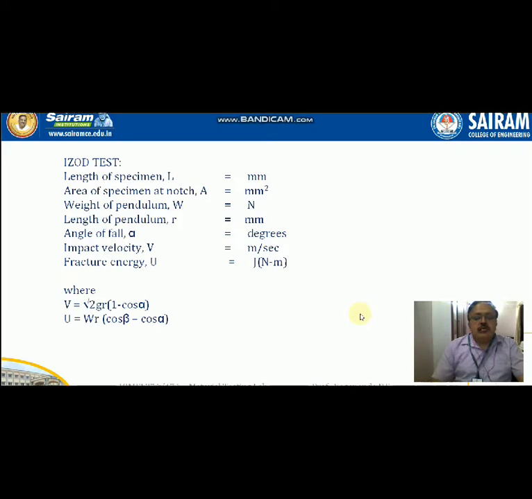The observations will be shown here, and accordingly the readings will be taken here. V is the impact velocity and here U will be W into R into cos beta minus cos alpha. For the Charpy test, the readings will be almost the same, only the angle of fall is going to change.